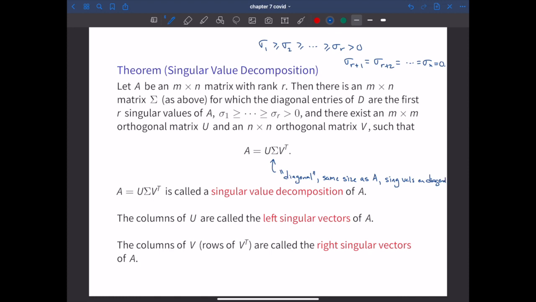Okay, so that's where the matrix sigma comes from. It's a matrix that's the same size as A. You put the singular values along the diagonal, and then you fill up the rest of it with 0. Okay. The matrix U is going to be an m by m orthogonal matrix. The matrix V is going to be an n by n orthogonal matrix.